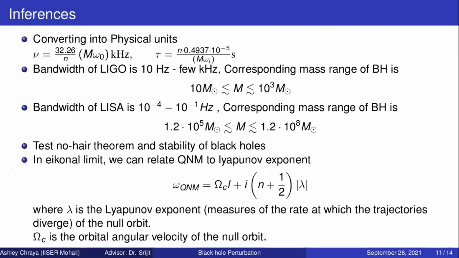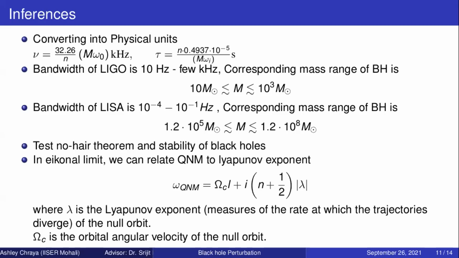Yeah, no worries, because I didn't explain it, as it would take a lot of time. The Lyapunov exponent is in the eikonal limit. That is, this equation is valid only when we take the geometrical optics limit, when L is taken to infinity. This Lyapunov exponent comes from our null orbits. As you know, the null ring is at 3M.